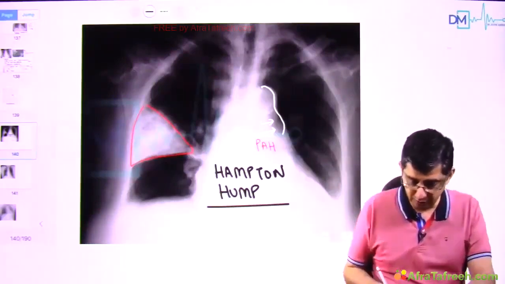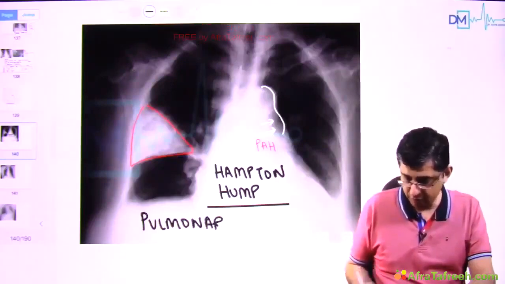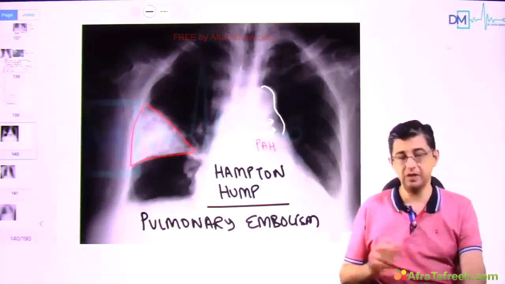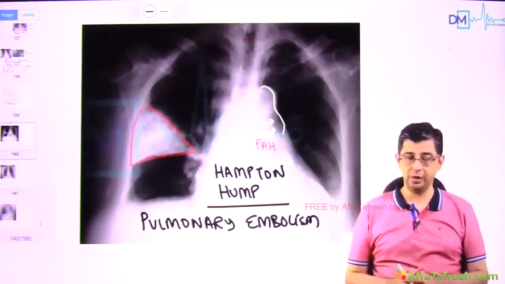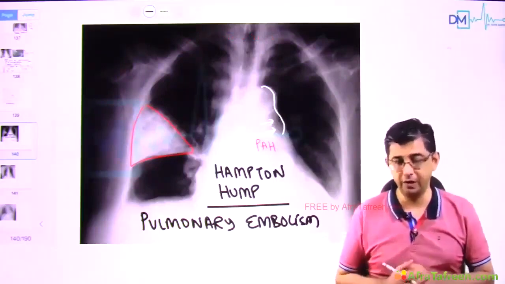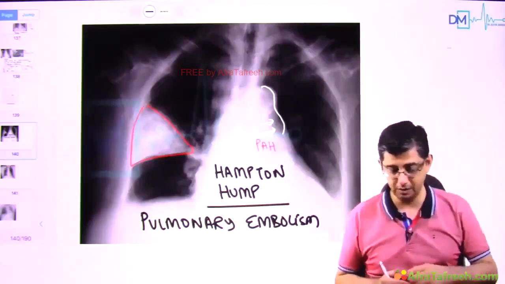The final diagnosis of this particular chest x-ray is not to be given as pneumonia, but is to be given as pulmonary embolism due to two facts that I've highlighted: prominence of the pulmonary artery segment and a very well-defined opacity in the lung, which is due to pulmonary infarction, which has occurred in this particular case.